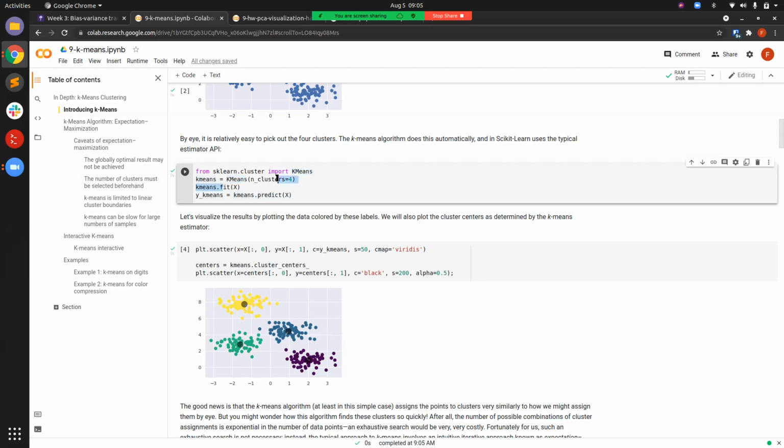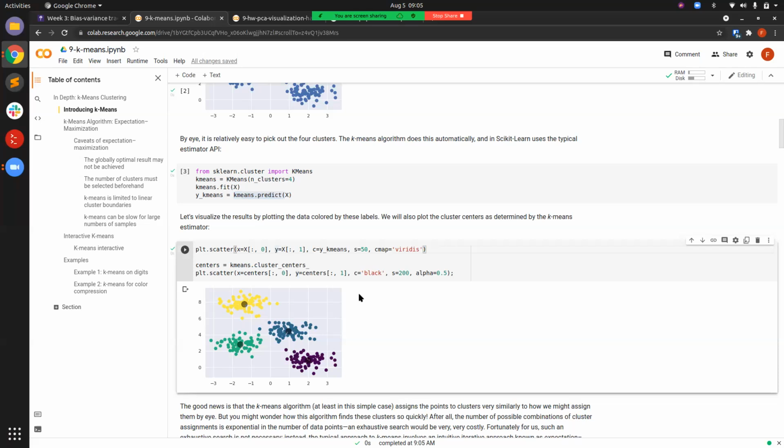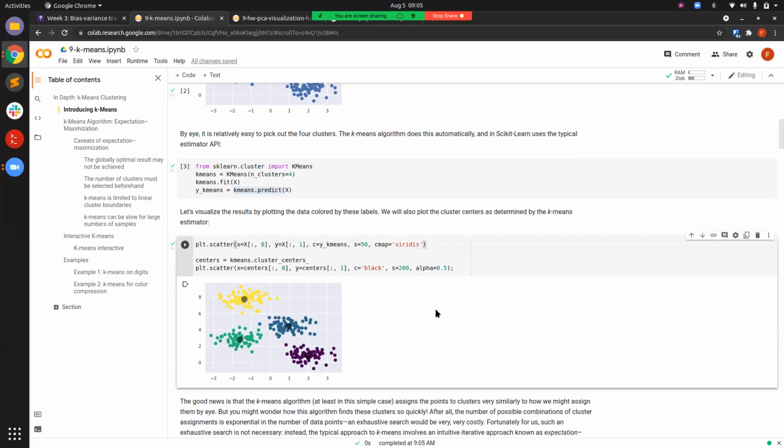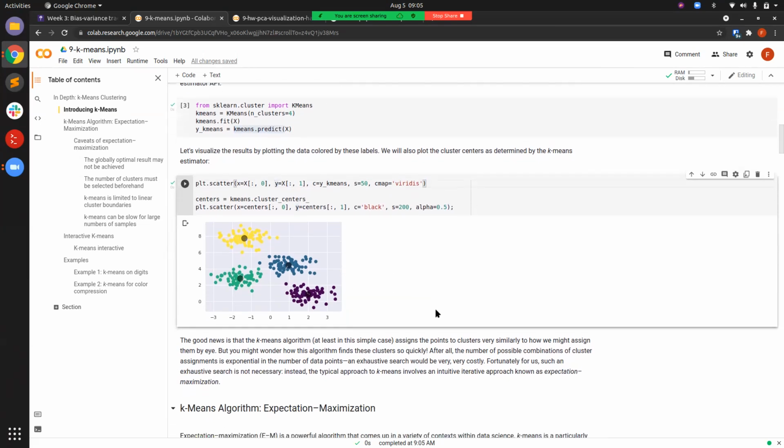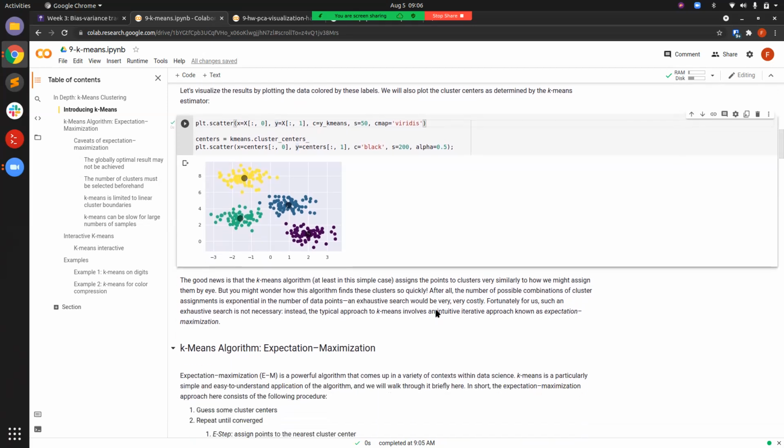So I fit it to my data, and then I can use it to predict my data, predict the cluster labels. And visually, we can see it looks like it did a pretty good job. Now, that was here in this case, but there are actually many limitations to this algorithm, so we'll look at it a little more closely.